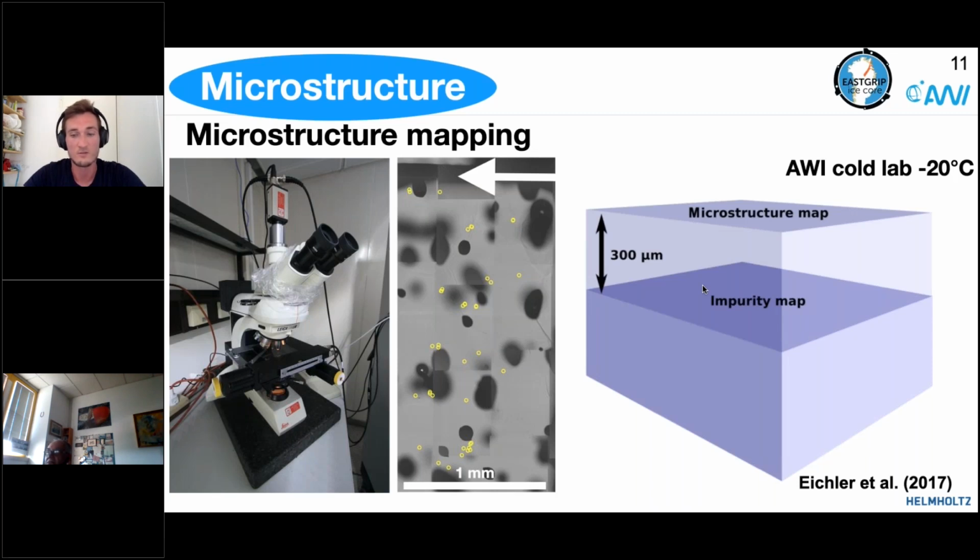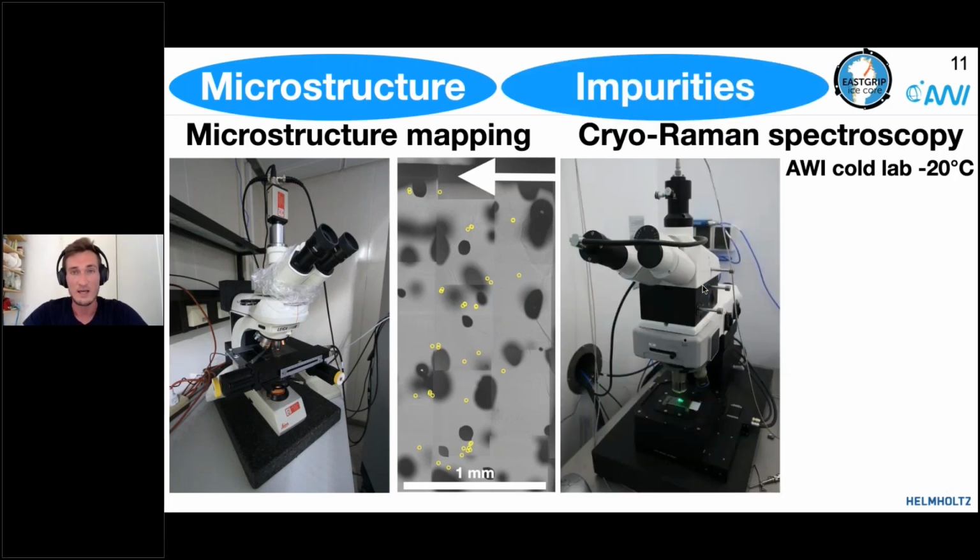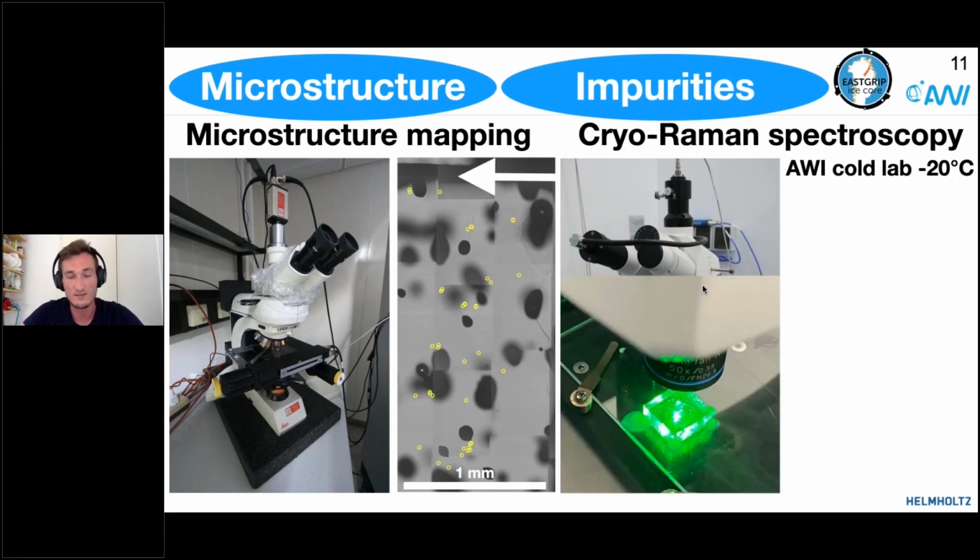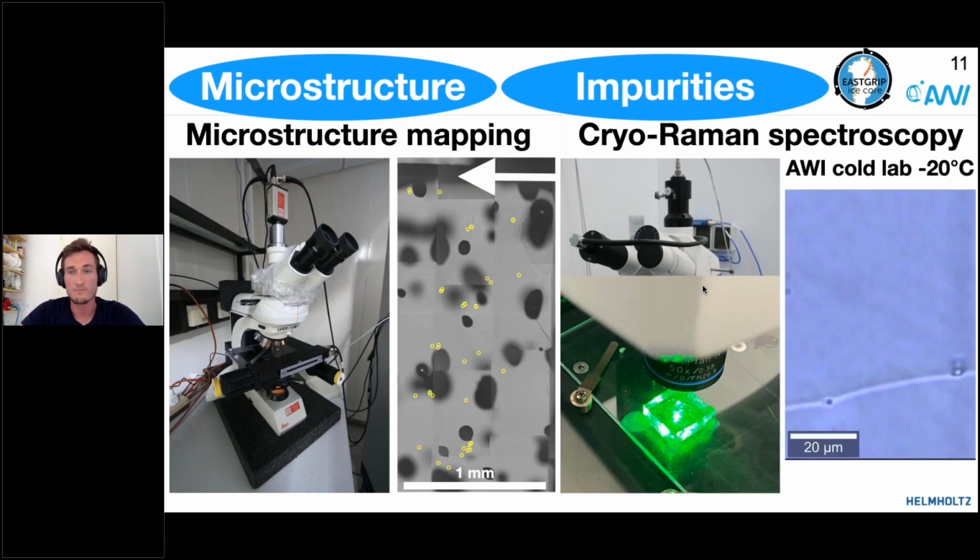This is in the sample, so we avoid contamination. And then you use cryo-Raman spectroscopy, also in the cold lab. Put your little sample, they are very small, normally 1 × 1 centimeters in length and width, and we analyze them. And this is what it looks like when you look through your Raman microscope.